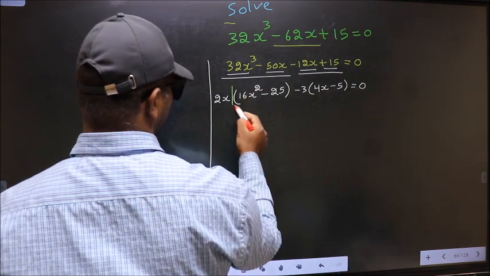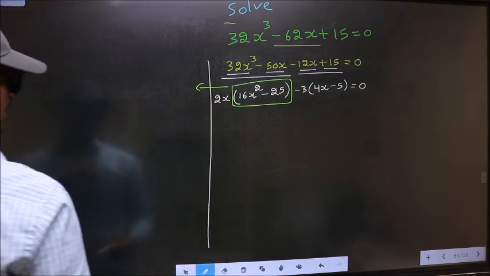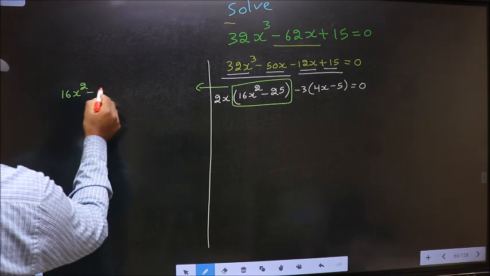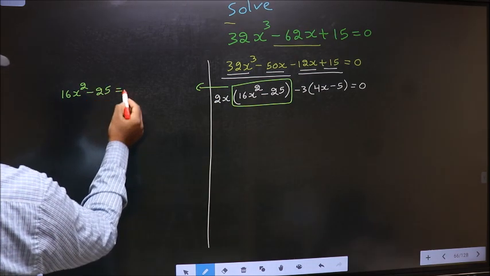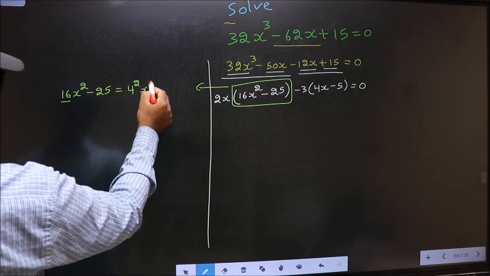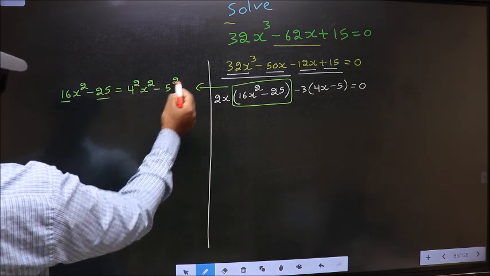Now this quadratic I will simplify it here, that is 16x square minus 25 equal to 16 is 4 square, x square, minus 25 is 5 square.